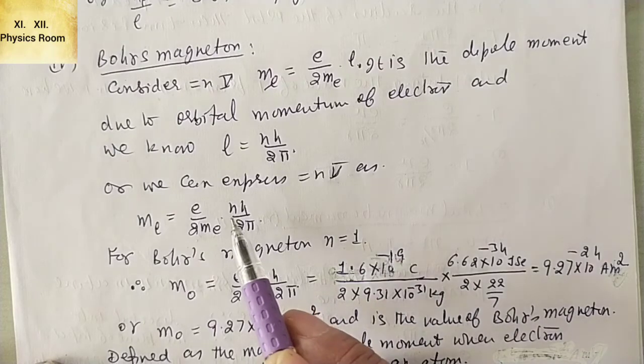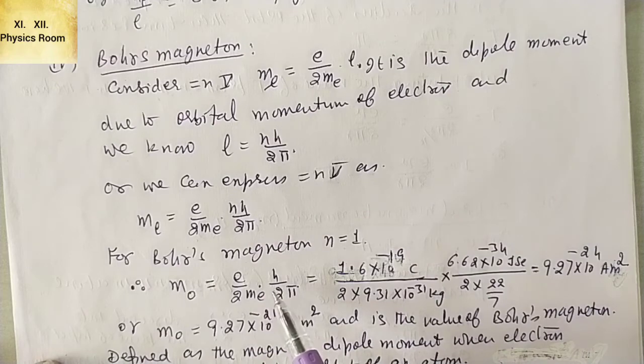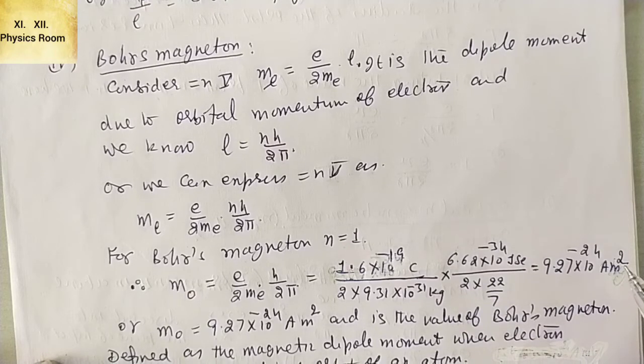If we substitute e as 1.6 into 10 raised to power minus 19 coulomb, me as 9.31 into 10 raised to power minus 31 kg, h as 6.62 into 10 raised to power minus 34 joule second, Planck's constant, and 2 pi as 2 into 22 by 7, and simplify, it comes out to be 9.27 into 10 raised to power minus 24 ampere meter square.